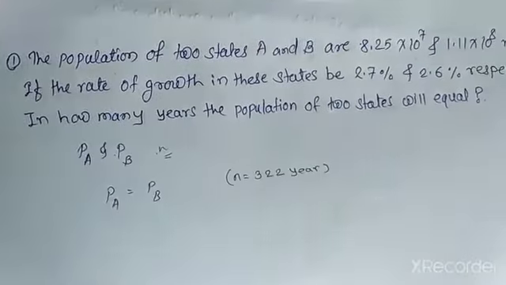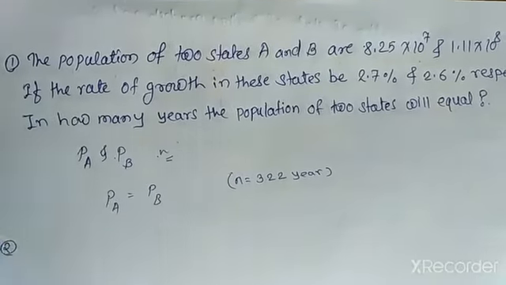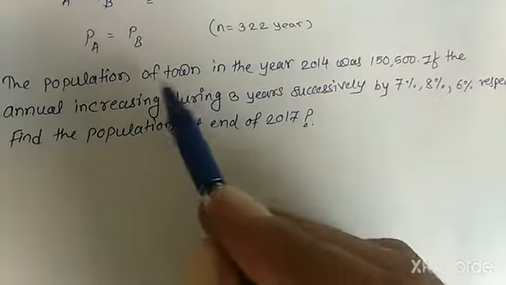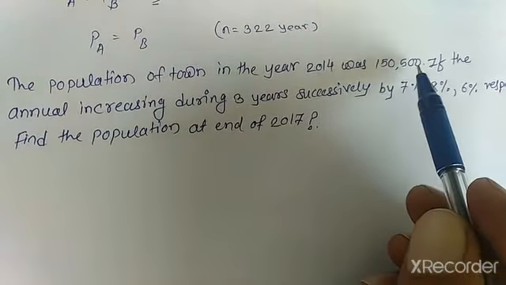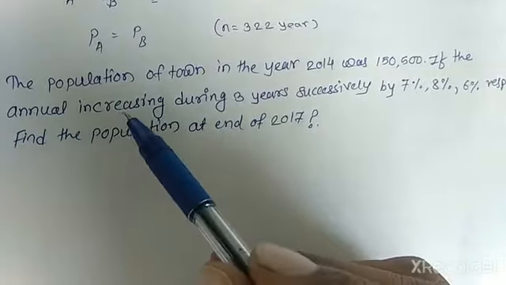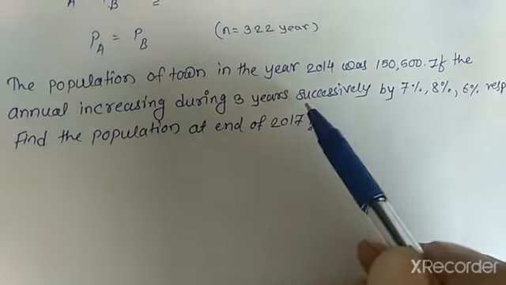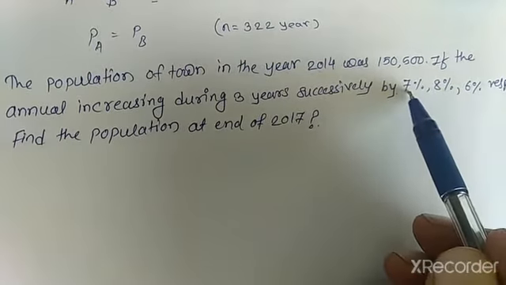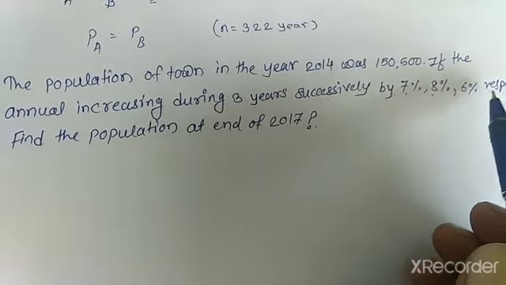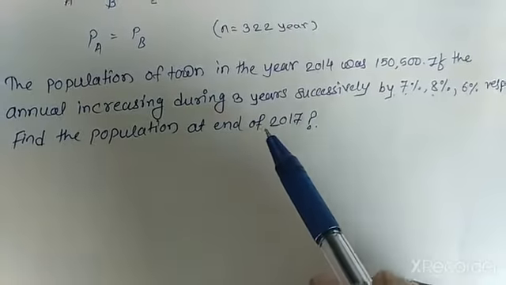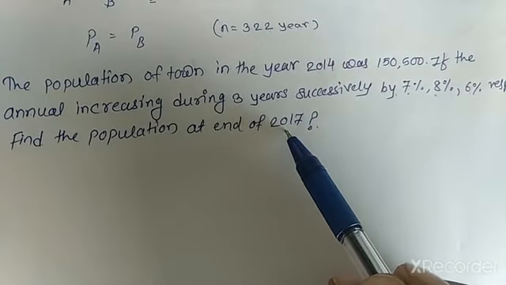Next, the second example for your homework: the population of a town in the year 2014 was 1,50,500. If the annual increase during 3 years successively is 7% for the first year, 8% for the second year and 6% for the third, find the population at the end of 2017.